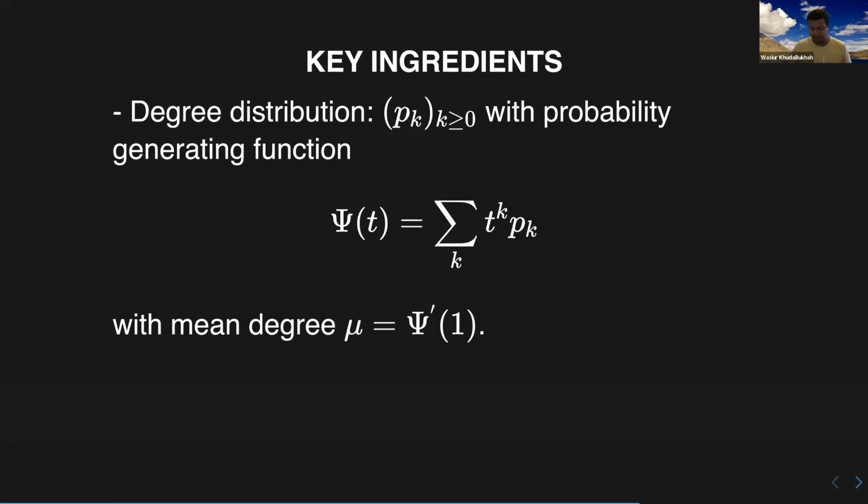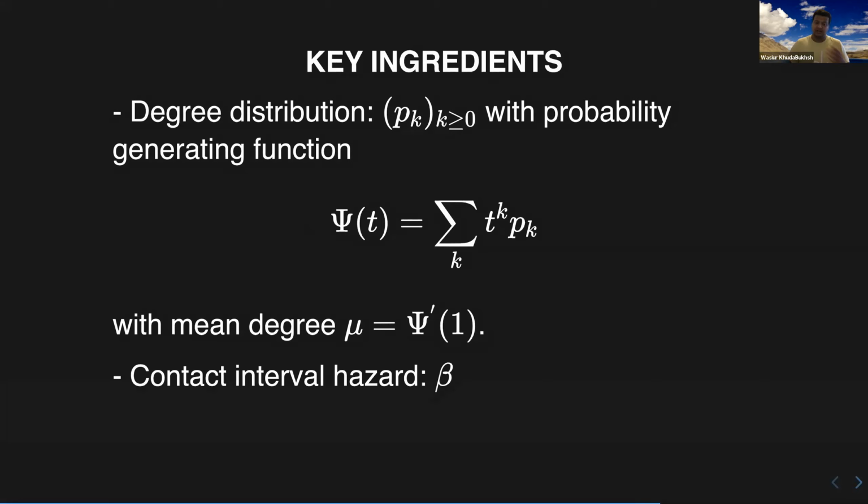Now, mathematically, what are the key ingredients? Since the degree distribution plays a key role here, we need a description for the degree distribution. Since this is a probability distribution, it's convenient to describe it in terms of the probability generating function of the degree distribution. That's one of the key ingredients.